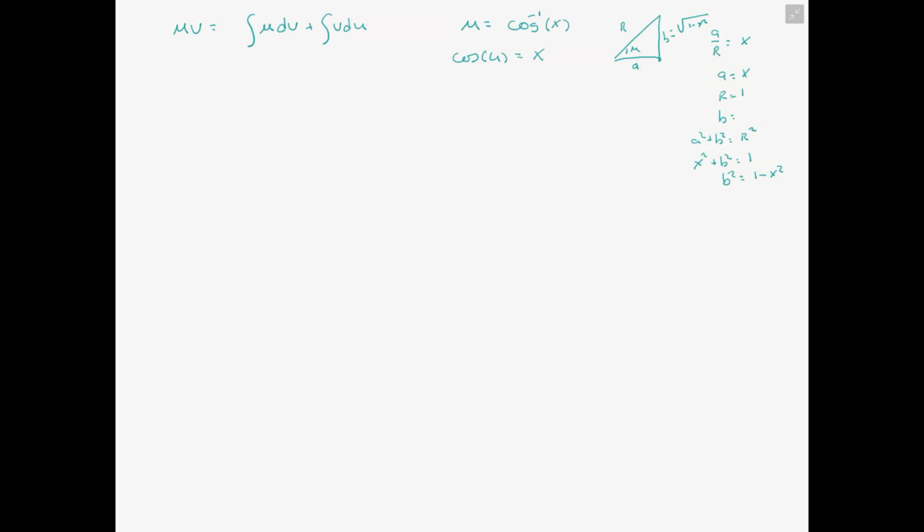So now that we're set, we have u equals the arc cosine of x, and we know that du over dx is minus sine u... let's see.